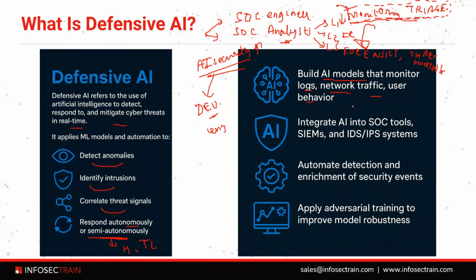And if you are an analyst, you should know what kind of models you can integrate, say from open source platforms like Hugging Face, like Ollama. The engineers will help you build the custom models, and the analyst will integrate those custom models into their SIEM.